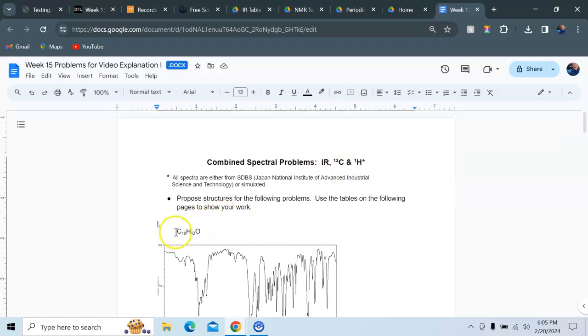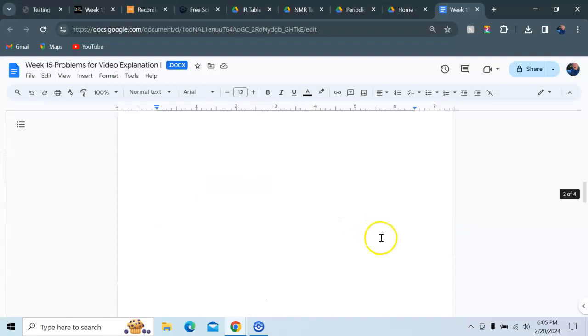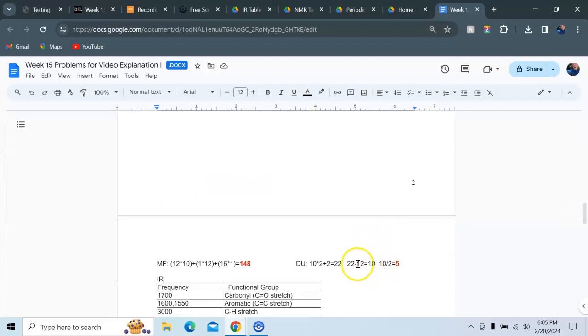Typically, you'd say 2 times the number of carbons plus 2, so normally without any unsaturation, this molecule would have 22 hydrogen atoms. So 22 minus 12, which is how many it actually has, is 10. And 10 divided by 2 gives us 5 degrees of unsaturation.